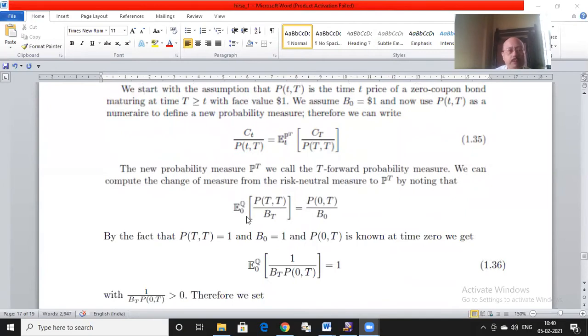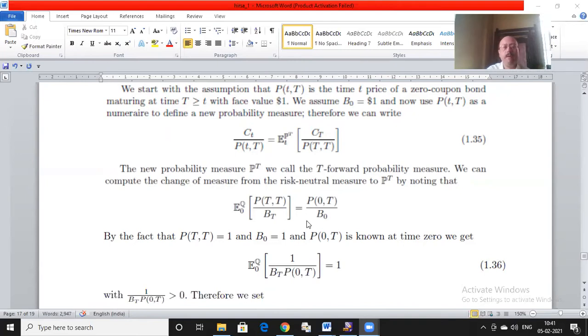So from the risk neutral measure Q to get to P^T, what we will do is we will just note that the expectation of this P(T,T)/B(T) ratio under the risk neutral measure must be the same as P(0,T)/B(0). This is our typical risk neutrality consequence, that the ratio at terminal time, if I compute the expectation of the terminal time ratio under my risk neutral measure, it will be the same as today's value of that ratio.